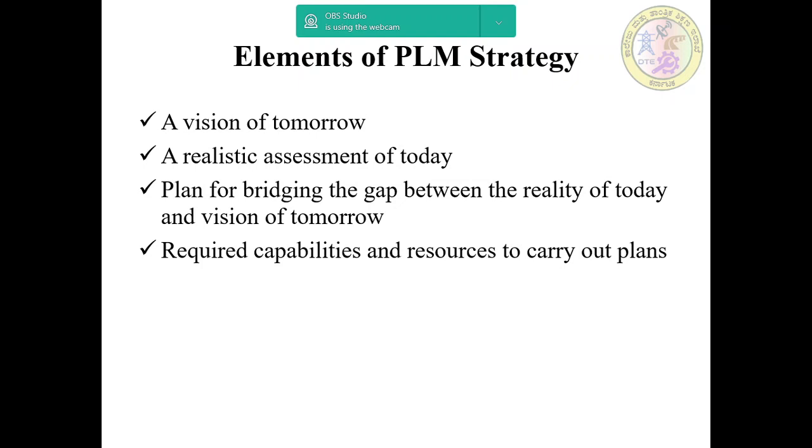First one is a vision of tomorrow, and then a realistic assessment of today, a plan for bridging the gap between the reality of today and the vision of tomorrow, and required capabilities and resources to carry out plans. These are the 4 elements that are part of a strategic plan for PLM. We will discuss one by one.